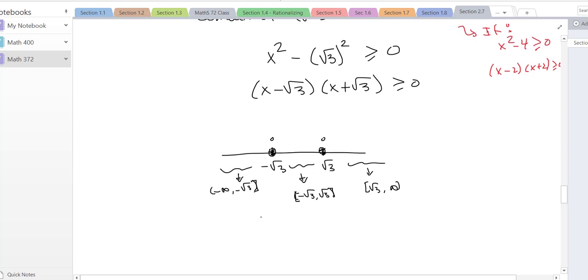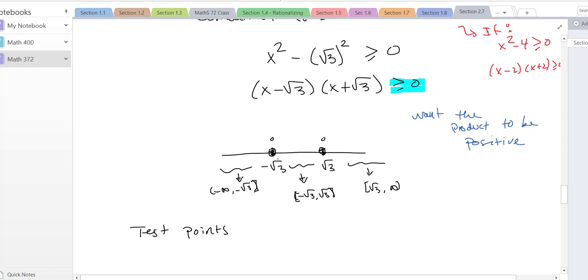And so let's pick test points to see what it looks like. Remember, greater than or equal to 0 means we want the product to be positive. So let's pick something between negative infinity and negative root 3.